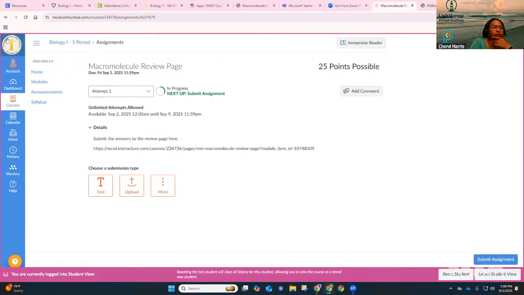So now you can complete the worksheet and then upload it as a file. So again, that is on your to-do list. If it's not there, refresh your page because it wasn't there when you logged on. So refresh your page.